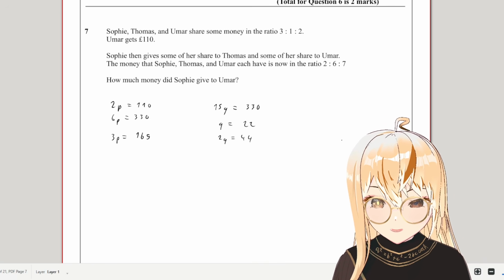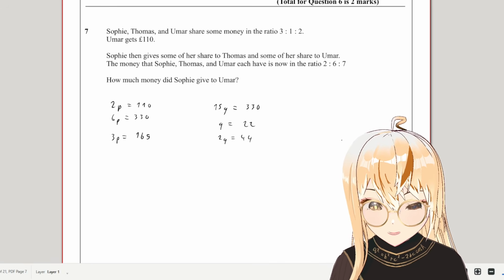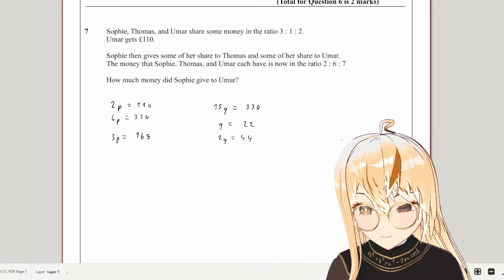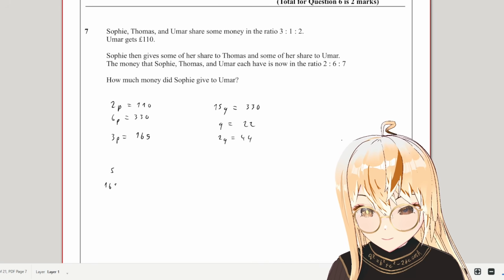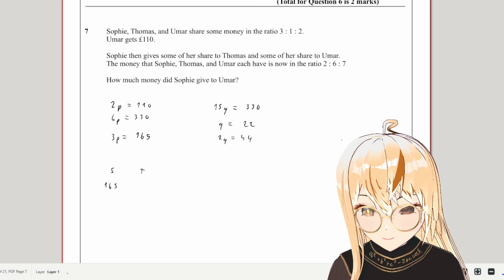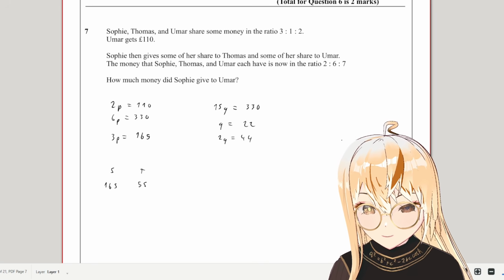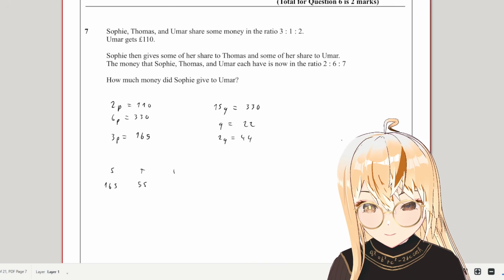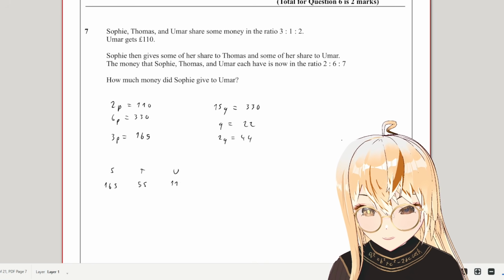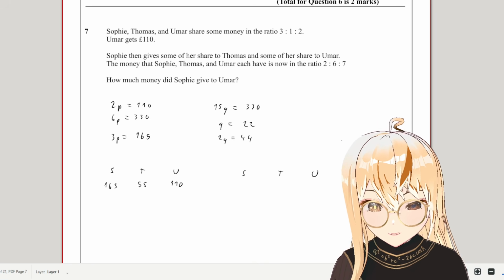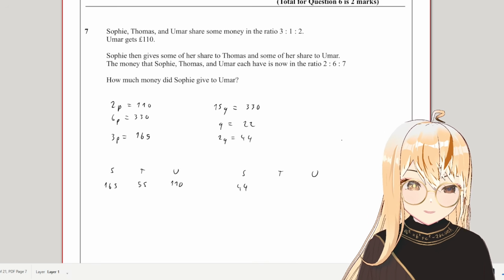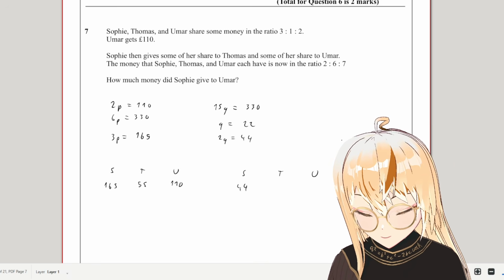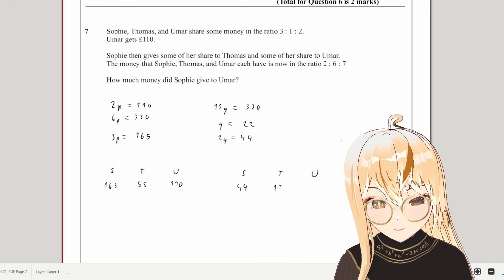So let's write out all their monies first, and then it will be a lot simpler. So originally Sophie has 165, Thomas has one of these, which is 55, and then Umar has 110. But now Sophie has only 44. And then Thomas has 6 Qs, which is 132.